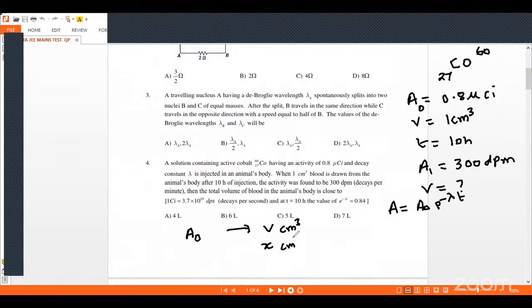For X centimeter cube, what will be the activity? So it is A dash equal to A naught by V into X. We can say A dash or A1.